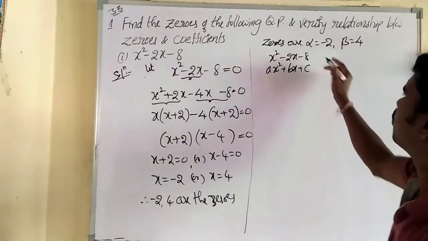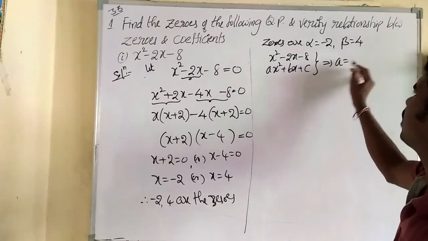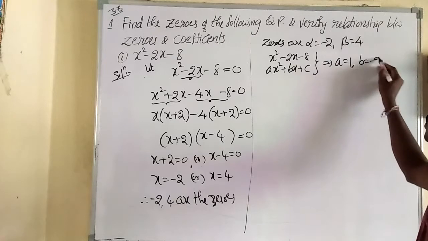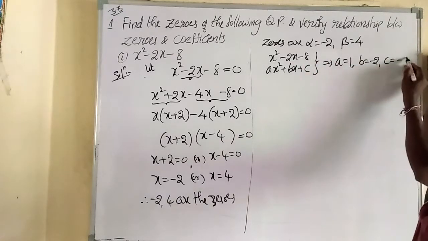So what is the a value? a is 1, b is minus 2, and c is minus 8.